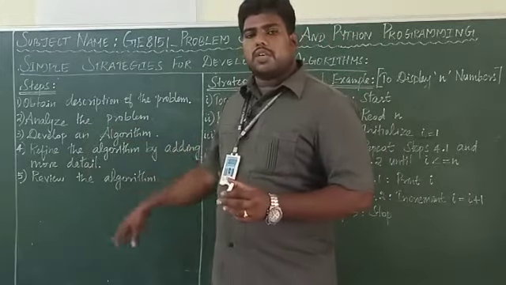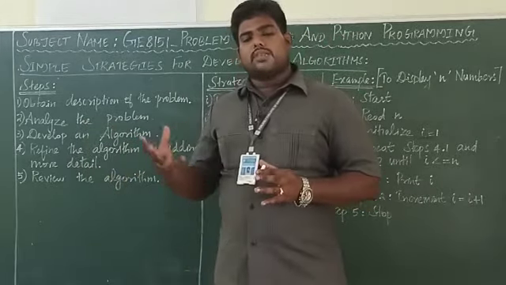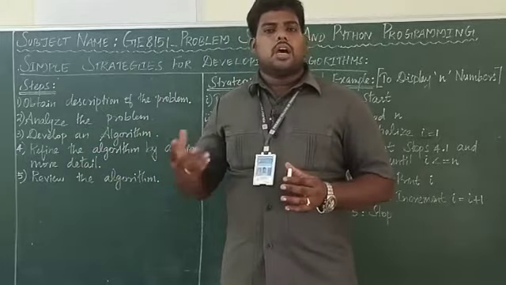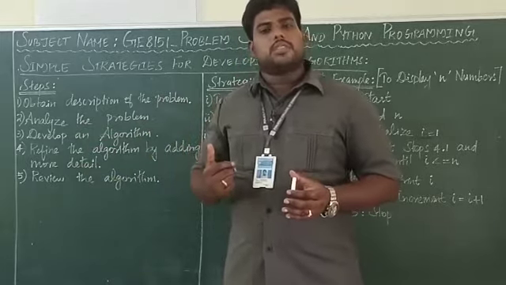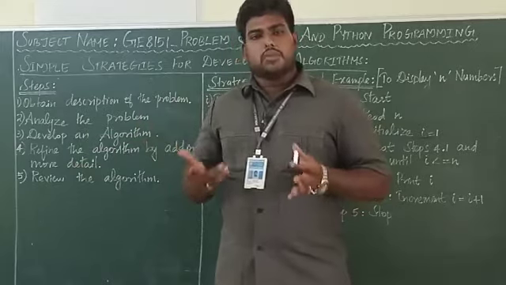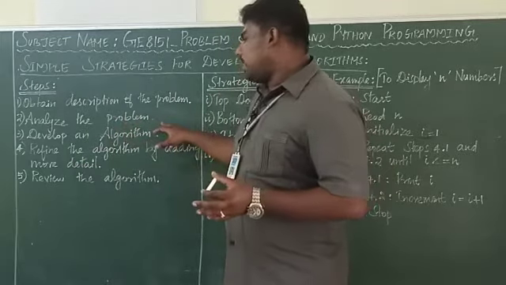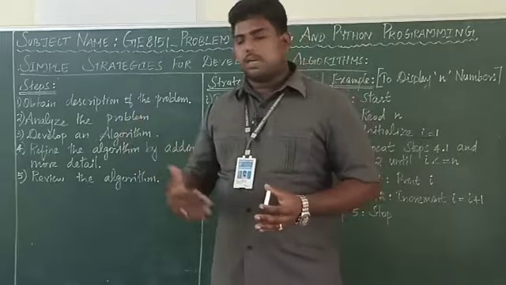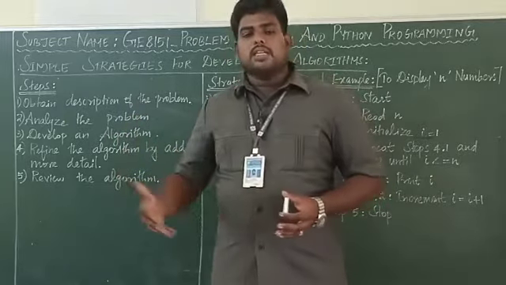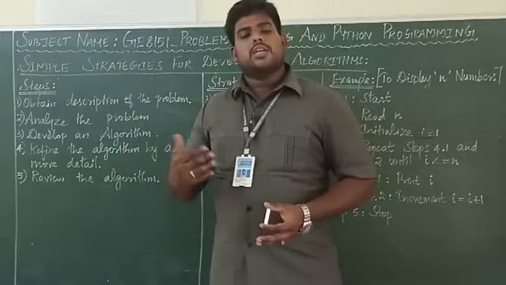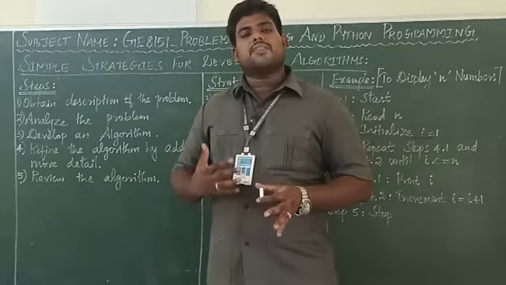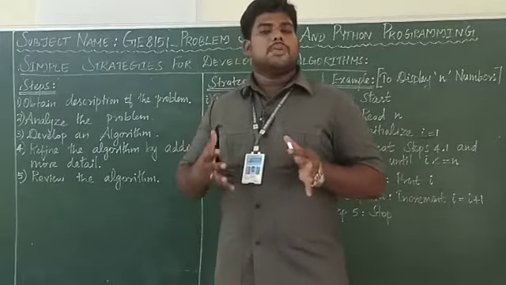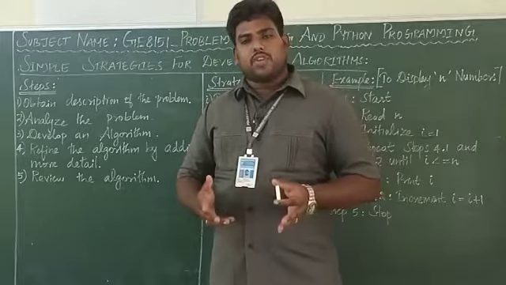In this analysis, we have to think whether to use looping, selection statements, or sequential, anything we have to analyze. After analyzing, we have to develop the algorithm, write the algorithm. Then we have to manually check whether your algorithm is giving the proper solution by giving a finite set of inputs.